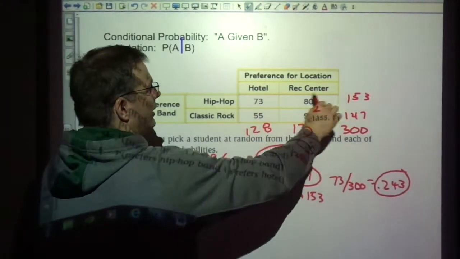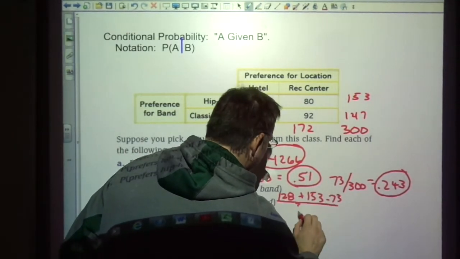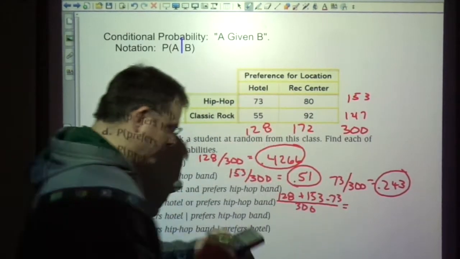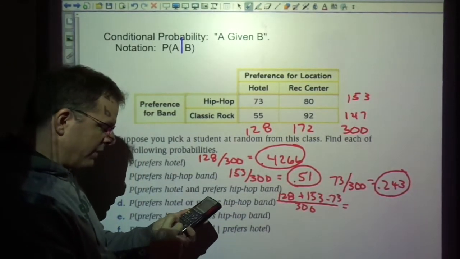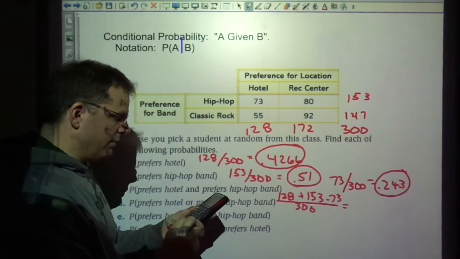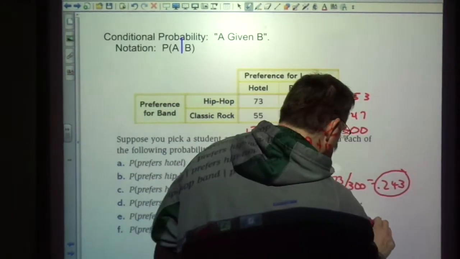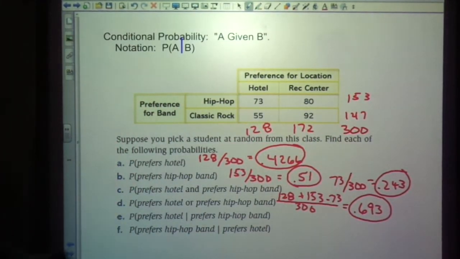We counted it here and we counted it here. So we need to subtract away those 73. And this is again out of 300. So 128 plus 153 minus 73, divided by 300, and that is 69.3%.